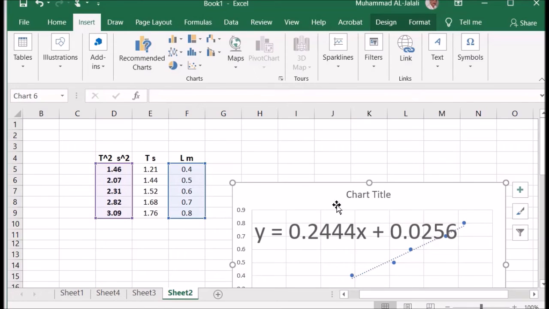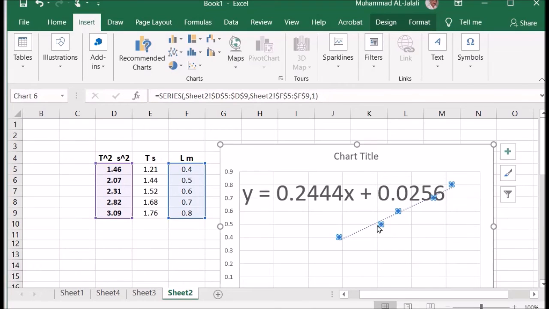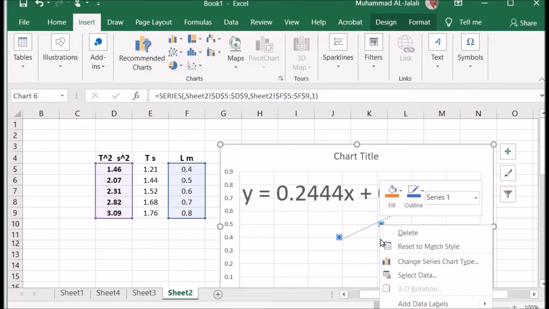After choosing the chart, choose any point and click right, add trend line.